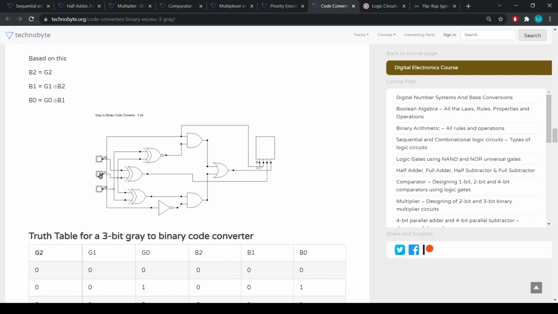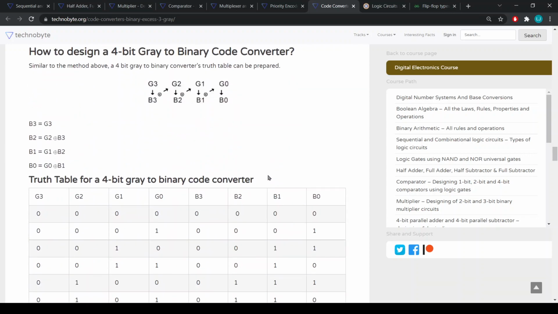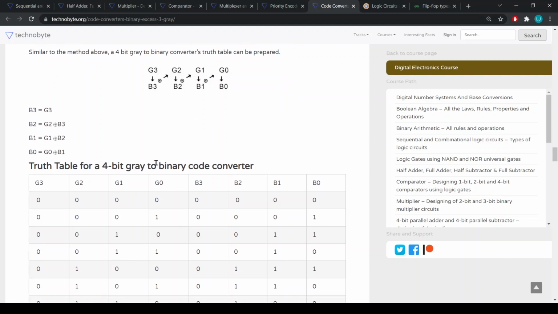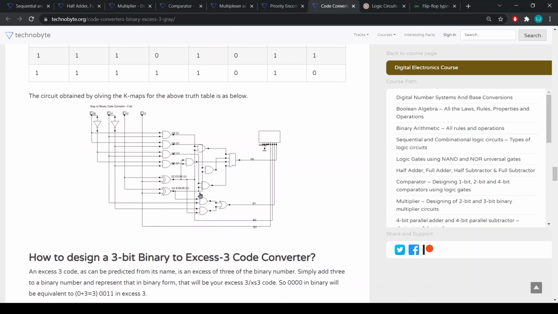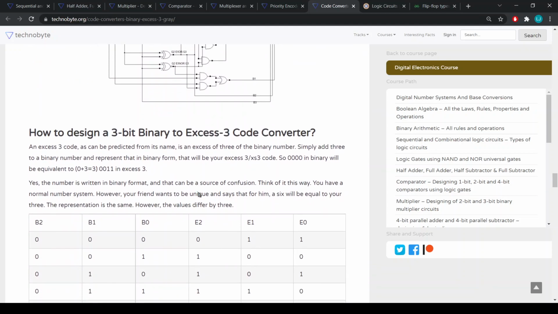If you input the numbers here, 0, 0, 0, the output here will also be 0, 0, 0. Now, the 4-bit gray to binary code converter is exactly the same, and this is the logic circuit. As you can see, it is longer since it has 4 bits.